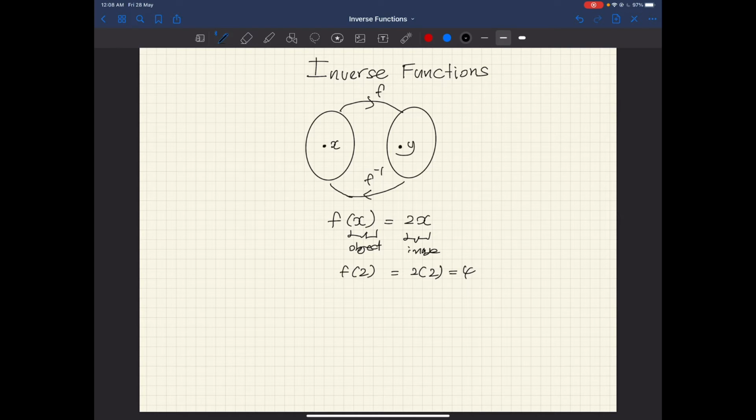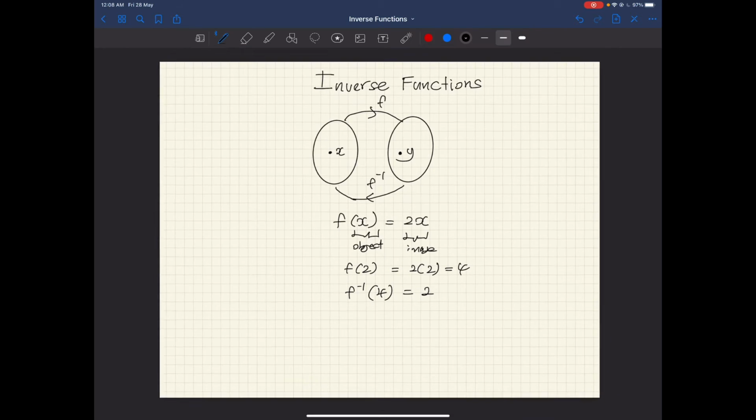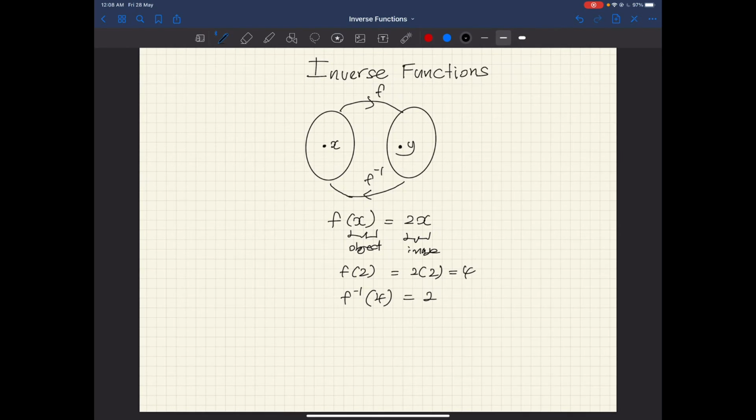The inverse of that, when you set the function of f inverse, in that case your object will be 4 and your solution for that you'll get 2. That's the whole idea of inverse function. So now let me brief you on how to solve a pretty simple inverse function.